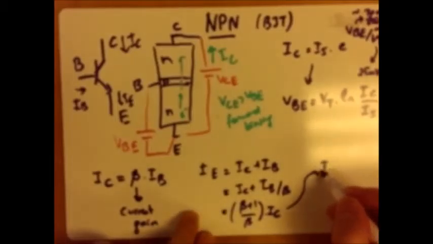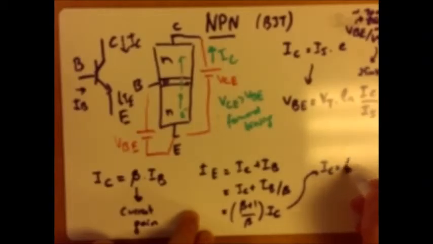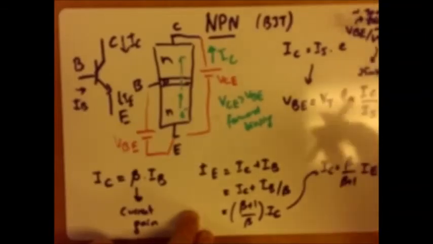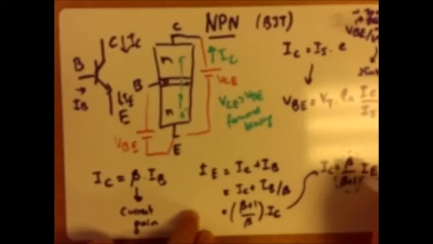We can also write that IC is equal to beta divided by beta plus 1 times IE, the emitter current, and this term is also called alpha.